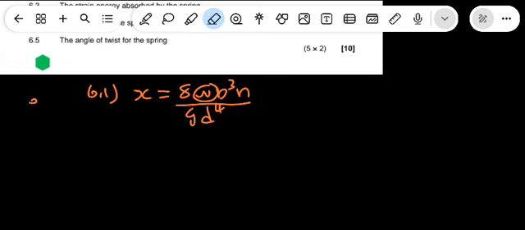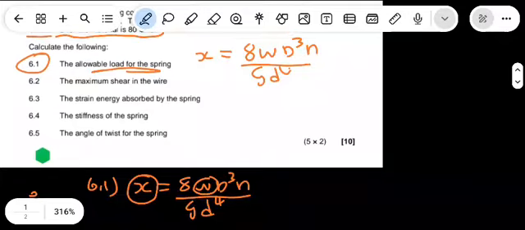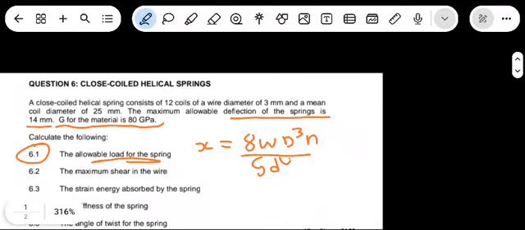So, what is X? We are given X. It is a deflection, obviously.